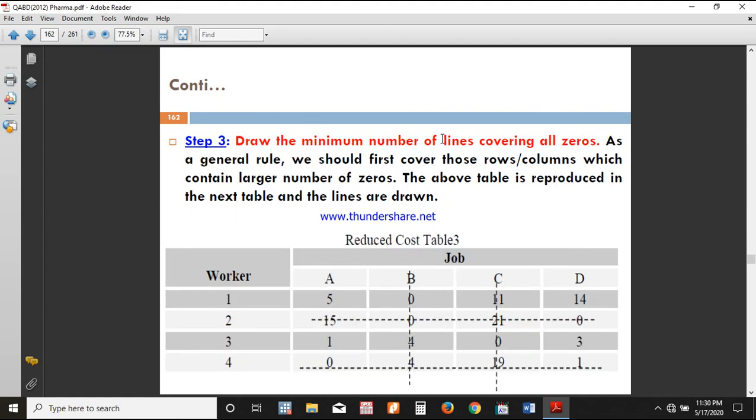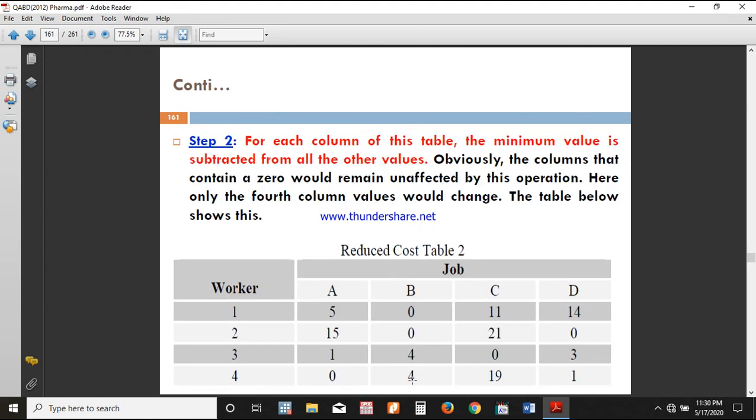Now draw the minimum number of lines to cover all zeros. The column with the most zeros is the first column, so you can draw a vertical line here to cover those zeros. Then the next ones have only one zero each, so you can draw the second, the third, and the fourth.